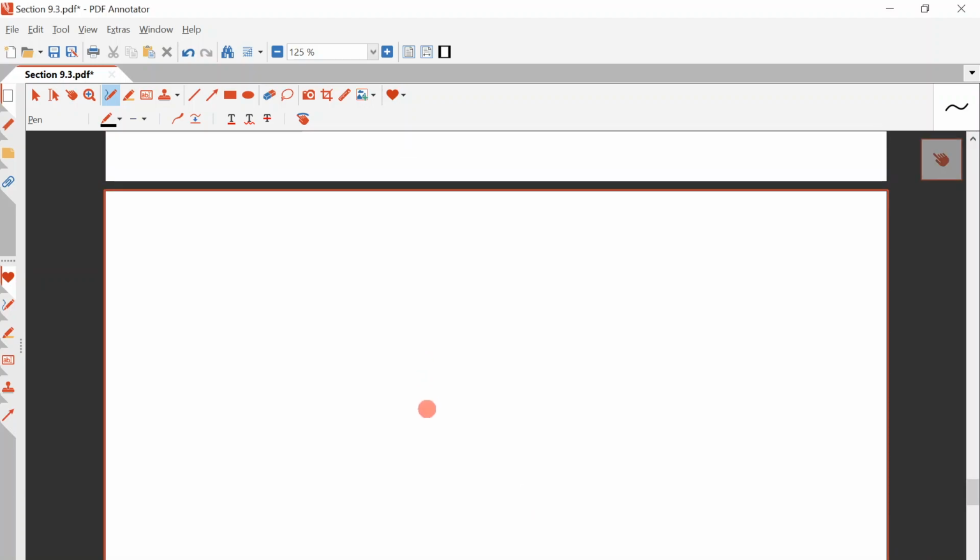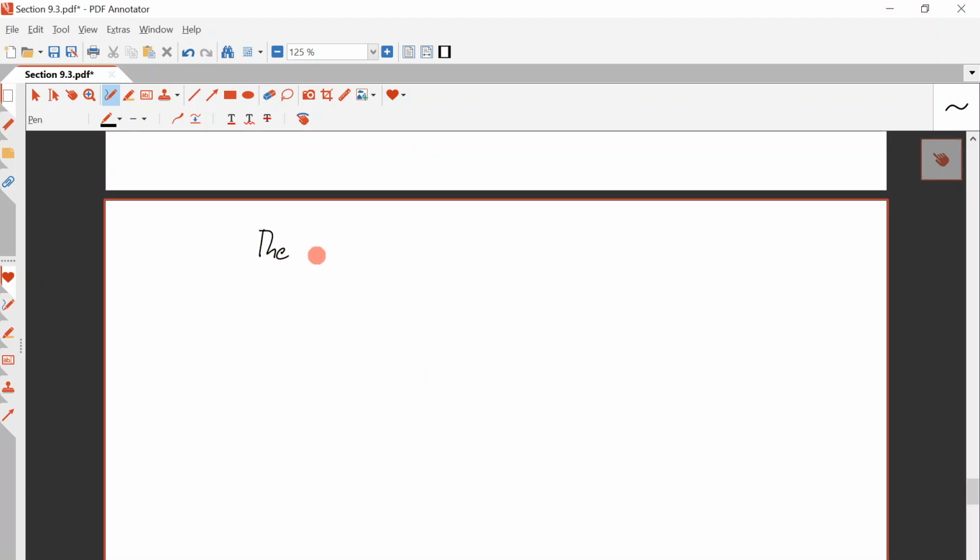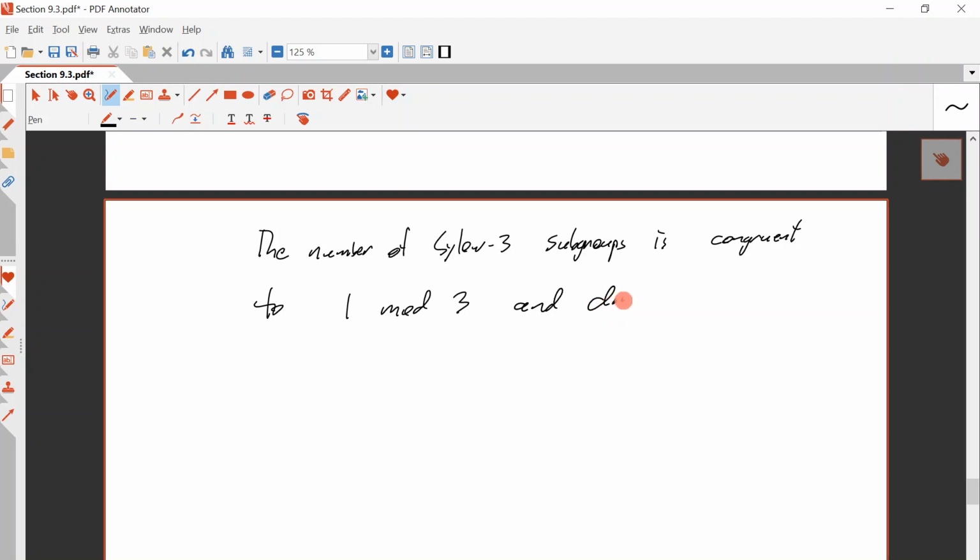Okay? The number of Sylow 3 subgroups is congruent to 1 mod 3 and divides 3 times 7 equals 21.